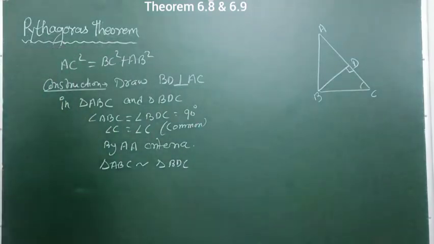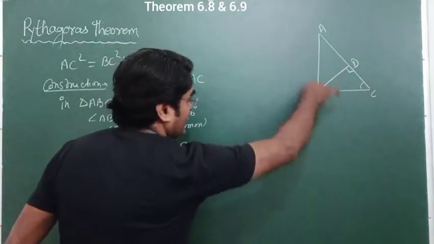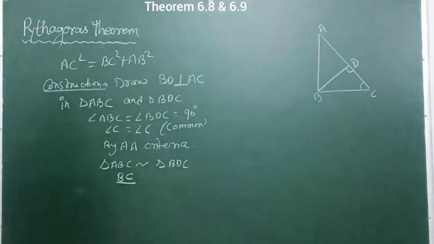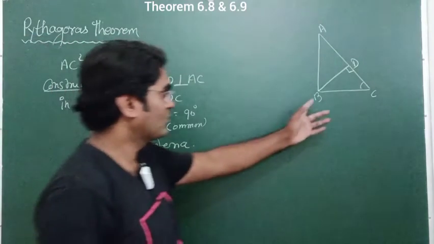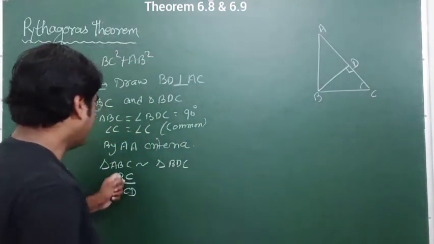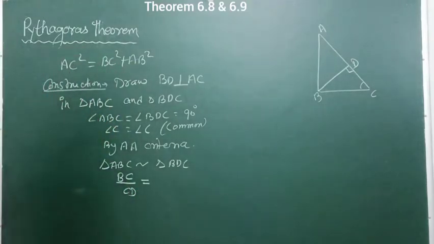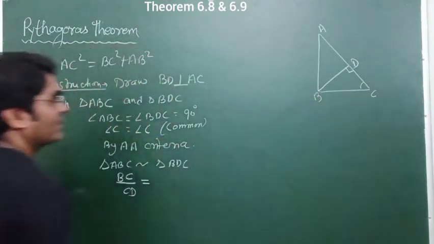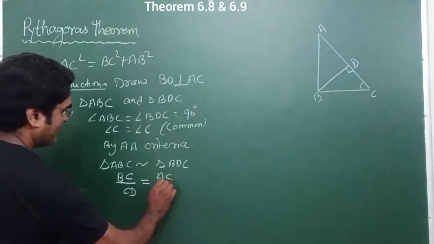So ABC and BDC are similar, so you can say BC upon CD, in triangle BDC, is equal to, now taking triangle ABC, AC upon BC.